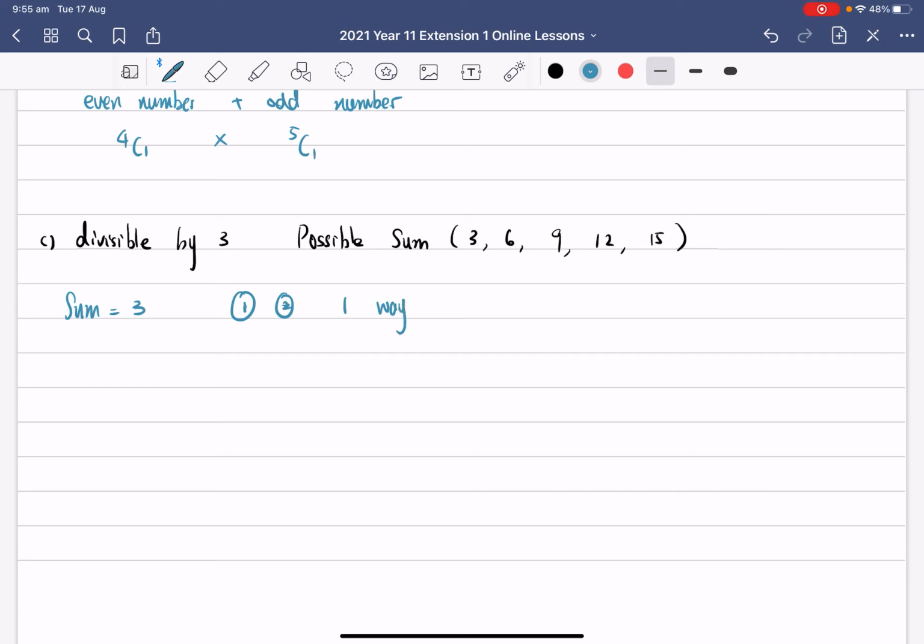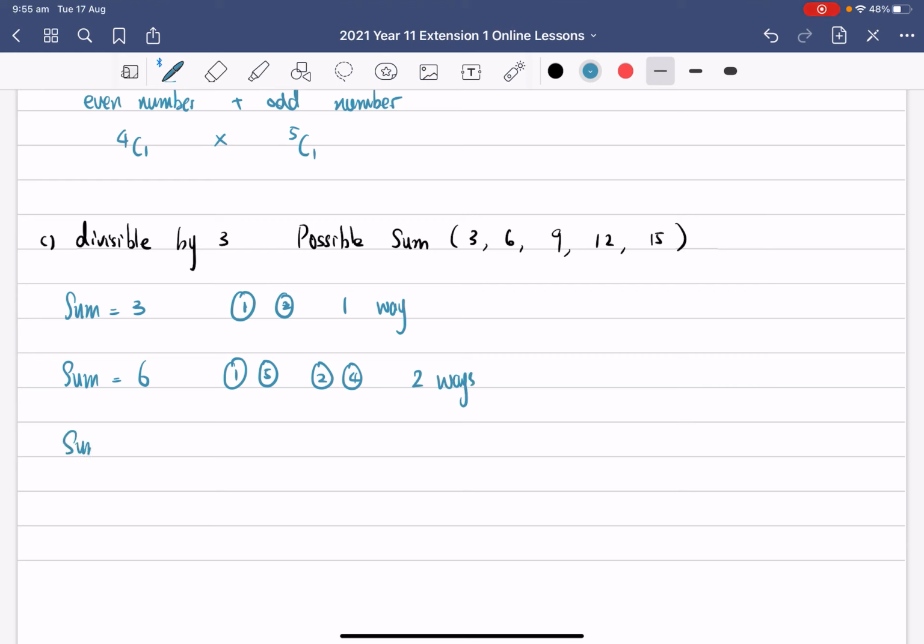You can't have any other ways. For the sum equal to 6, how many ways are possible? In that case, we'll have 2 ways: 1 and 5, 2 and 4. You can't have 3 and 3 because you only have one 3. So 2 ways. For this question, I'm just listing the number of ways.